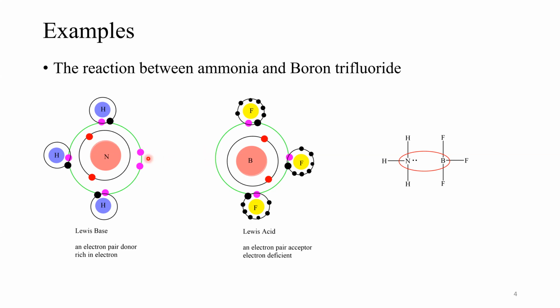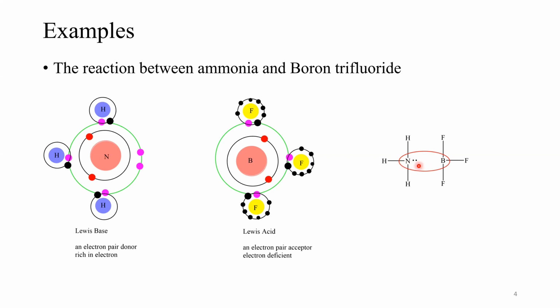But this bonding is a major contribution from the nitrogen, because only nitrogen has this electron pair which can establish a link, right? So this nitrogen is giving this electron pair to the boron and they're sharing with each other, and this is the covalent bond. But this electron pair is only contributing from one atom, not the other one, boron. So this is called the coordinate covalent bond.